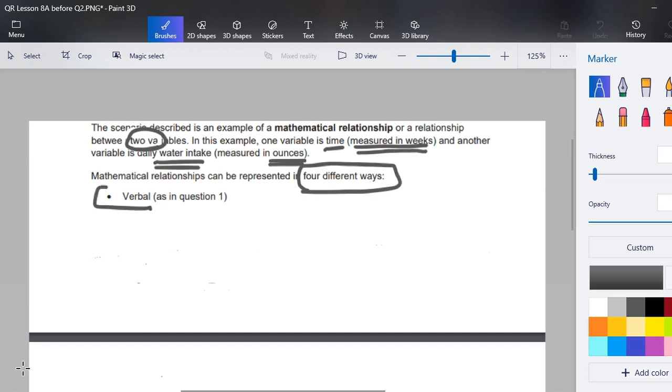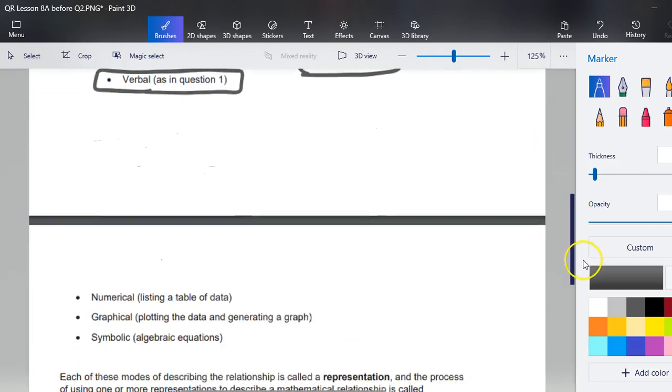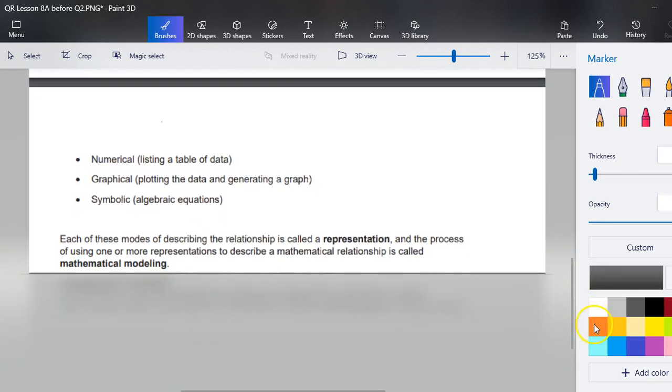The first way we can represent mathematical relationships is verbal, where someone's describing a scenario. In addition to verbal, we have numerical, where we can list a table of data. The table could look something like this, where we're talking weeks and we're talking ounces.